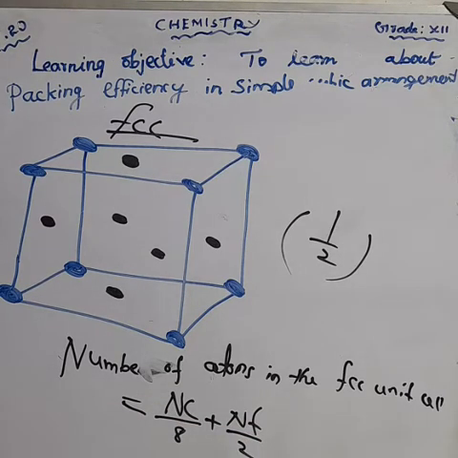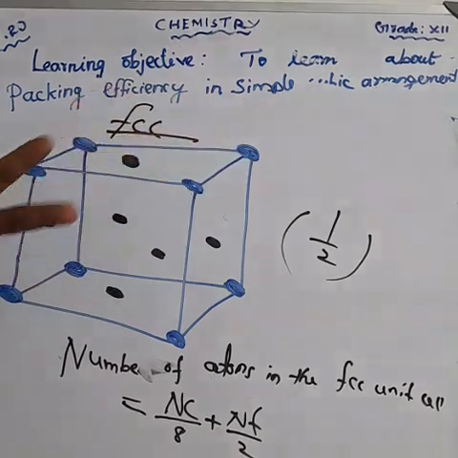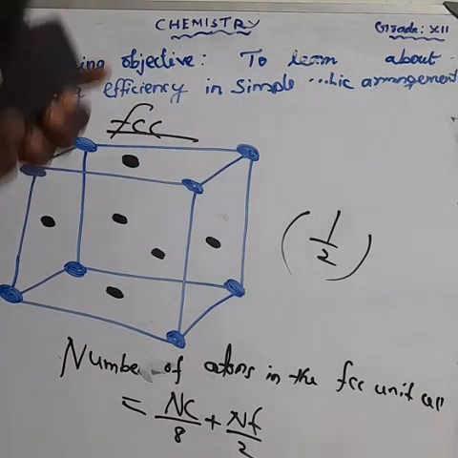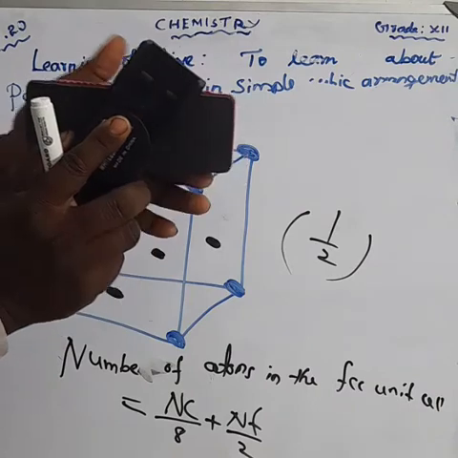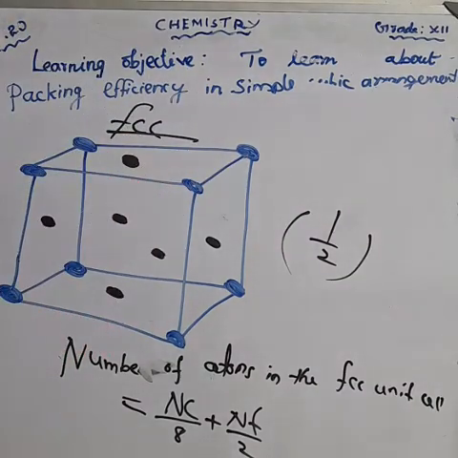Don't forget that the 2 refers to 2 unit cells, for 2 unit cells having only one face. So that is NF divided by 2. Don't forget the formula. What about the simple cubic formula? NC divided by 8. Am I right? Don't forget the simple cubic formula, NC divided by 8.